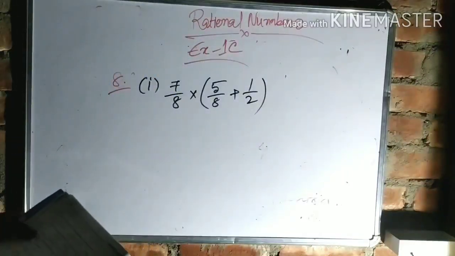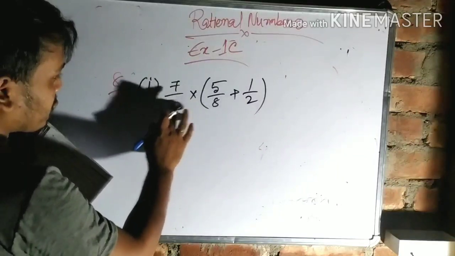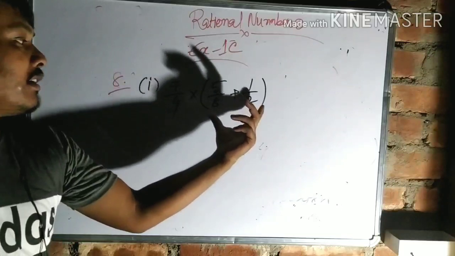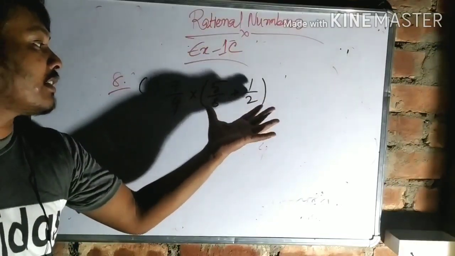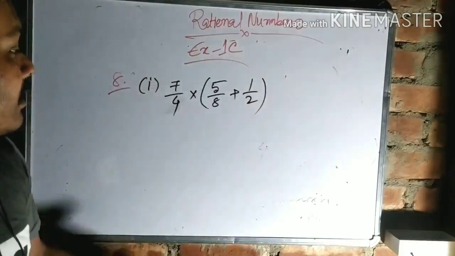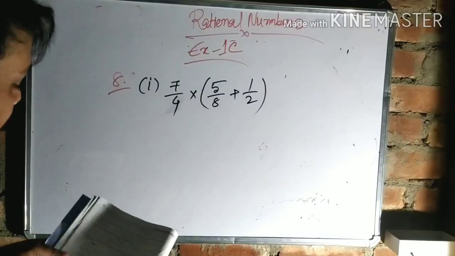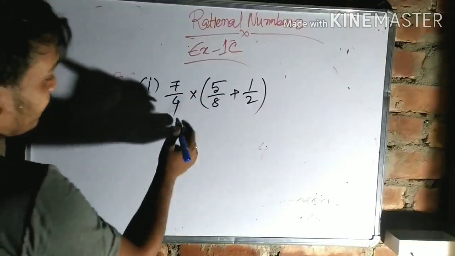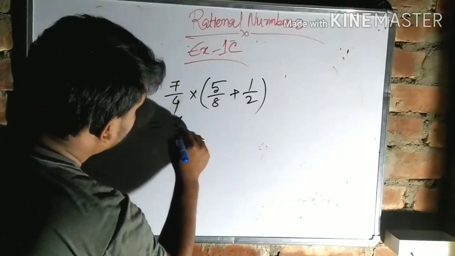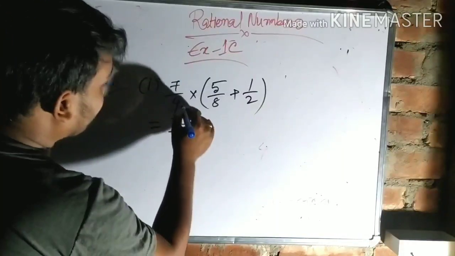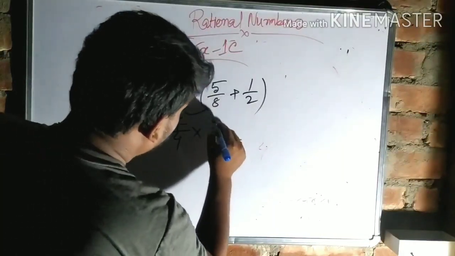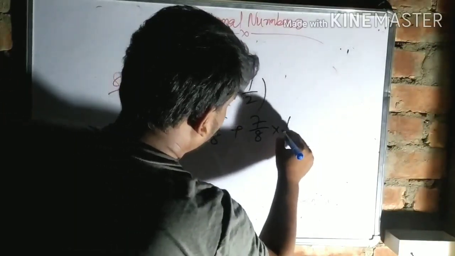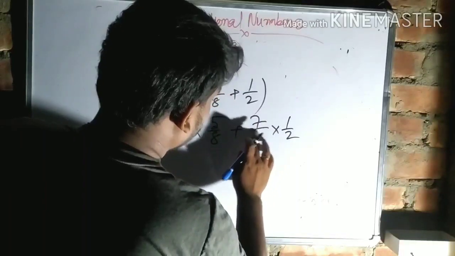In general, we first solve the value inside the bracket, but here in the question it is given to use the distributive property. So the distributive property is 7 by 4 multiplied with the first value 5 by 8 plus 7 by 4 multiplied with the second value.